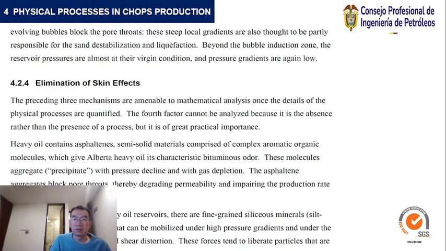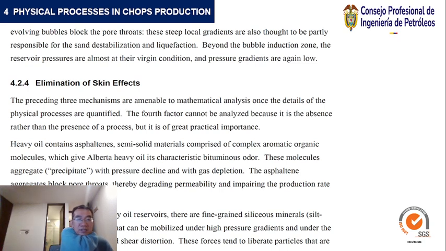These molecules aggregate with pressure decline and with gas depletion. The asphaltene aggregates block pore throats, thereby degrading permeability and impairing the production rate of heavy oil wells.